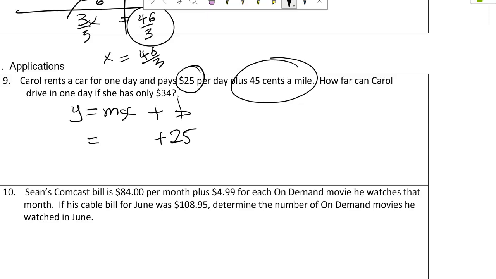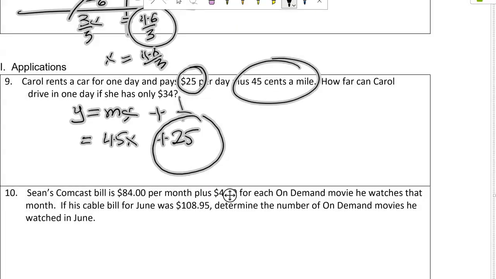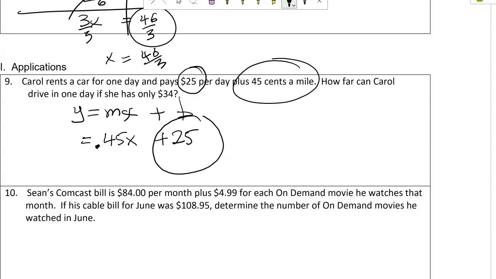Now, you might be tempted to put 45x in here. The problem is we've put these in dollars, and this is in cents, so we need to change that to dollars. The way we change 45 cents into dollars is by just calling it 0.45. Okay, and there's my equation that we use.